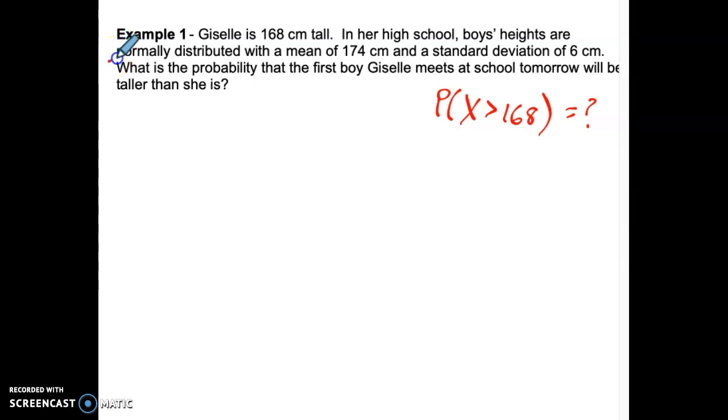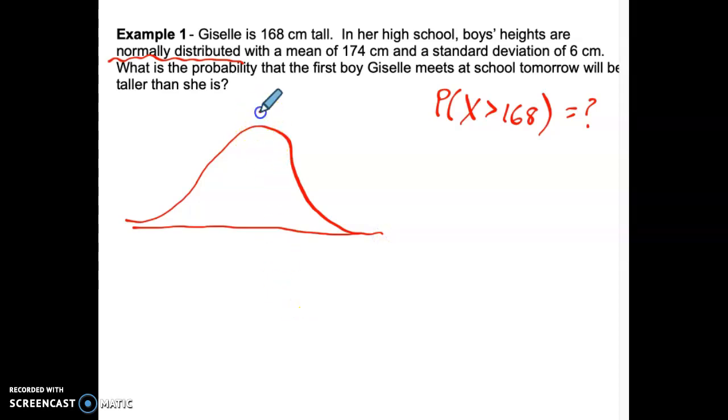Now, what's important to recognize here is they told us that the heights were normally distributed. So we are going to draw here a normal distribution. And we know that in the middle is going to be the average, which is 174. We also know that the standard deviation is 6 centimeters.